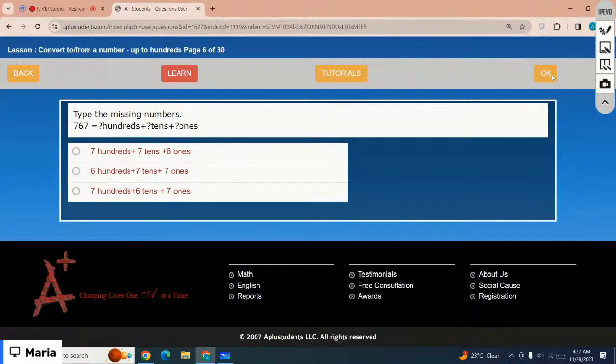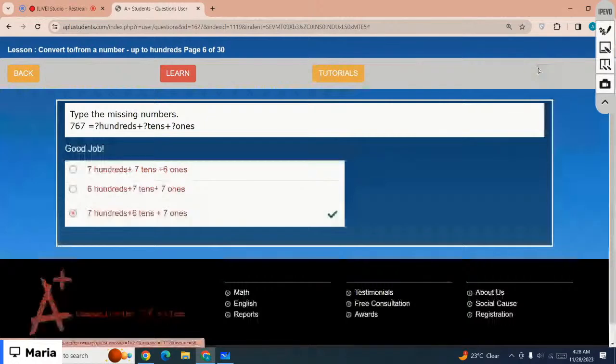So which is the correct option? That is 7 hundreds, 6 tens and 7 ones. Option number 3 is the correct option.